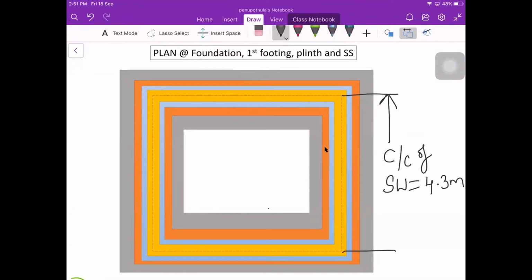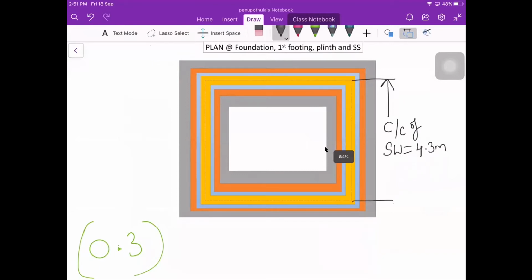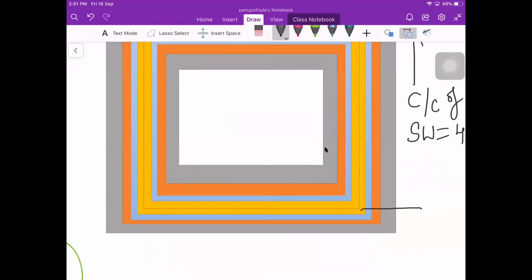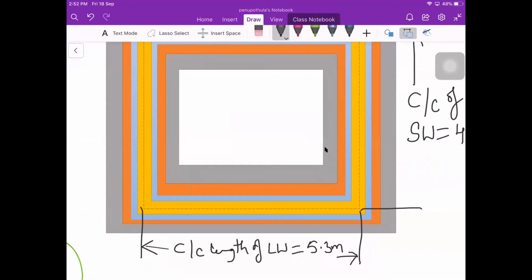Next, from here to here, this will be the center to center line length of the long wall, which is equal to 5.3 meters. I have already calculated it.